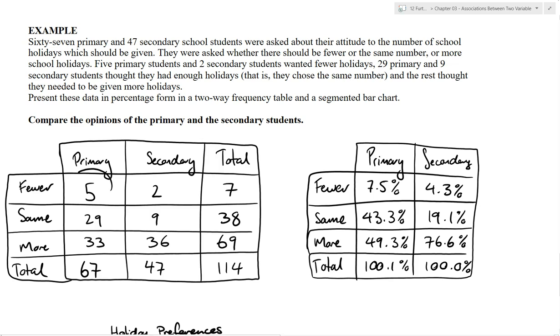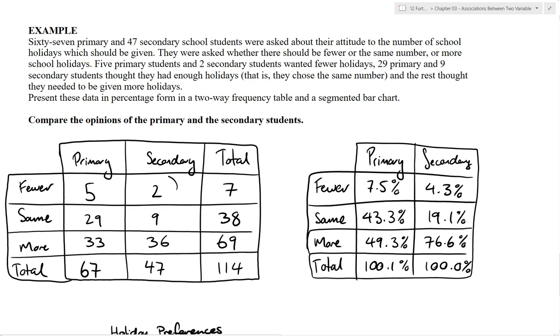Then I did 5 out of 67, and I put that here as my fewer. And then I did 29 out of 67, and that was for the same. 33 out of 67, that was for more. I added those up, and as it turns out, when I rounded to one decimal place, it was slightly out, so I got 100.1, and that's okay.